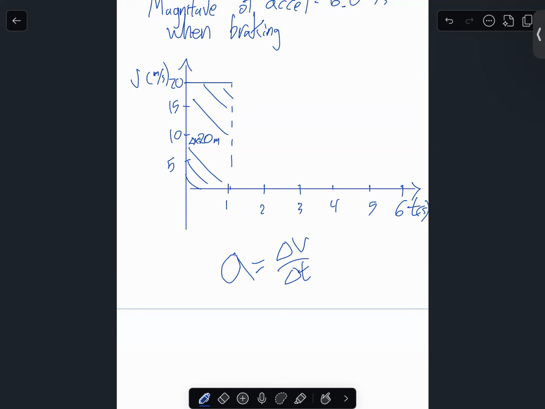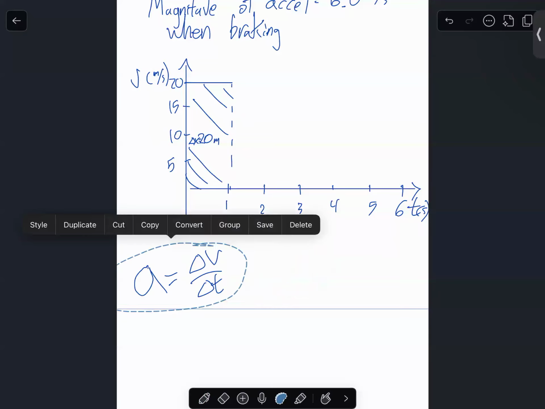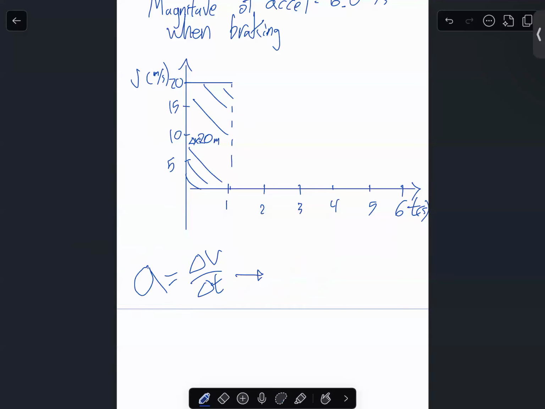How can I solve this equation for time? Well, I can use the principles of algebra. I can multiply both sides by t. And I'm going to write this as final minus initial. Wait, what's the final velocity? And then if I want delta t, plug in numbers.